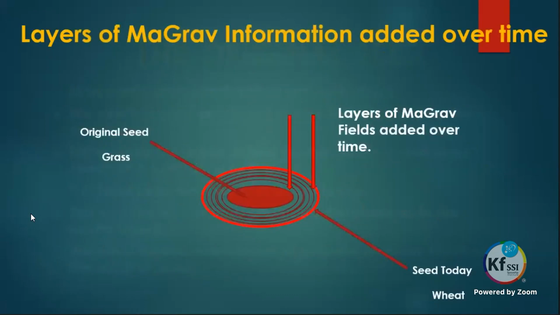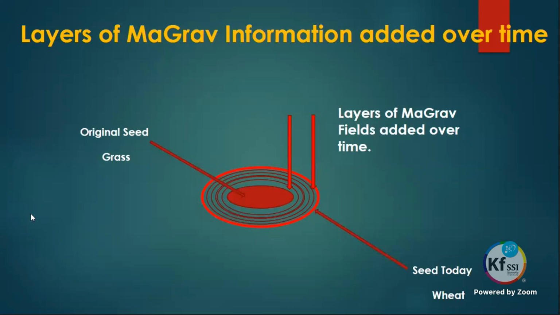So if one could just try and illustrate or imagine, the only way I could do it was, if you have a look at our original seed there in the middle, and over time, very much like the rings of bark when you cut a tree, we're just adding layers and layers of information, layers of different conditions that that plant was exposed to over time, which is all translated back into the seed when that plant seeds.